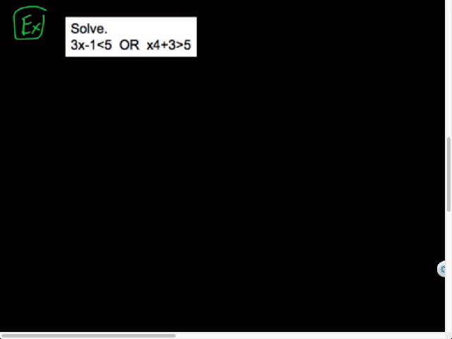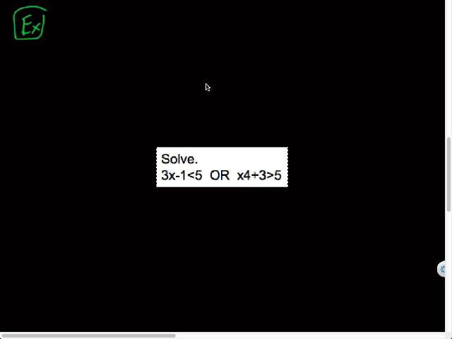So with that "or," that means I'm going to, wait a minute, that says x4? Huh. I think that was supposed to be x over 4. That's not cool. Guys, yeah, I'm fixing that right now.